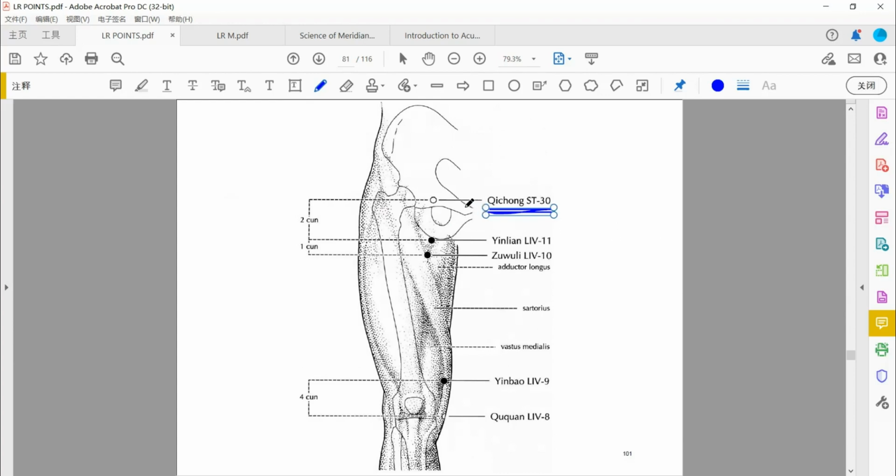It is 2 cun lateral to the midline. Okay, 2 cun. So that's the midline and go lateral 2 cun, level with the pubic symphysis. We find this point and it goes down 2 cun.